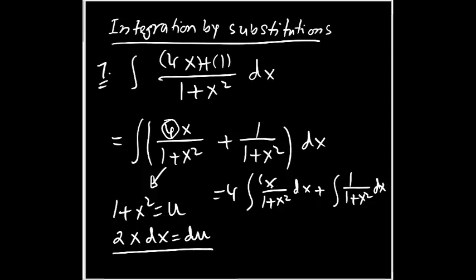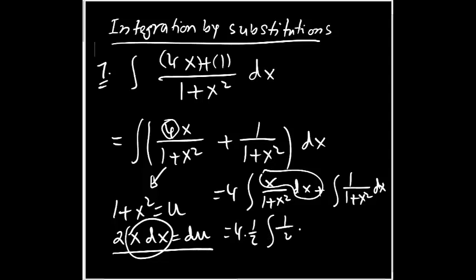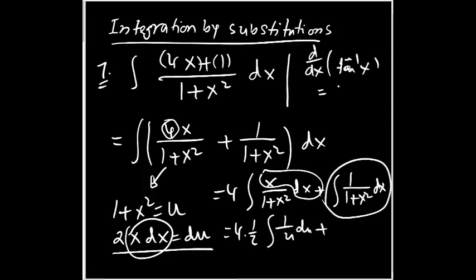Now if you look at here, x dx, this one I have here, x dx, which is 1/2 du. 4 times 1/2, and you get 2, 1 over u du. Derivative of tan inverse x is 1 over 1 plus x squared. So then the integral will be tan inverse, or you can say arc tangent.